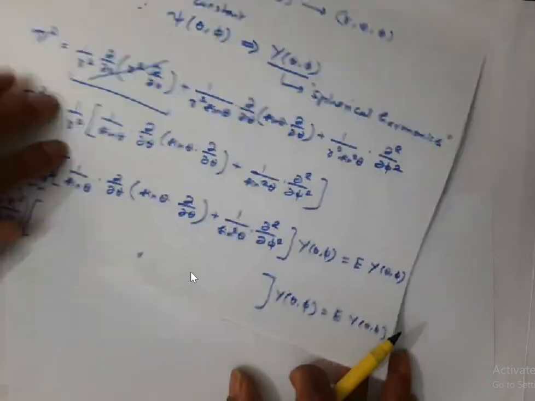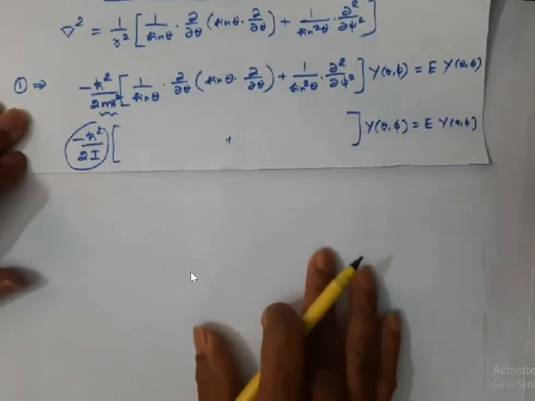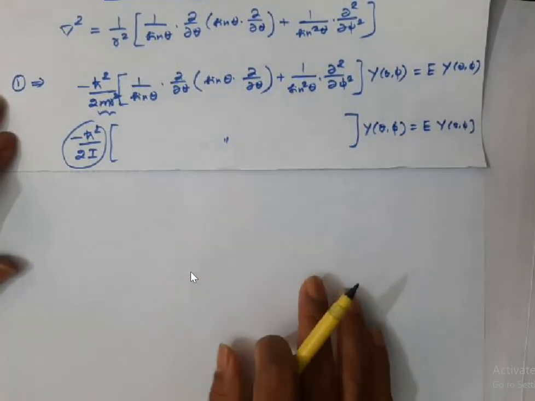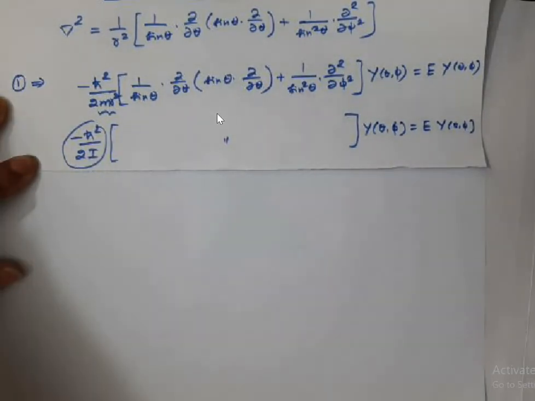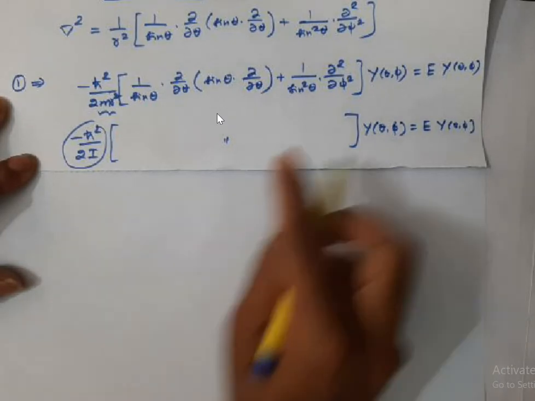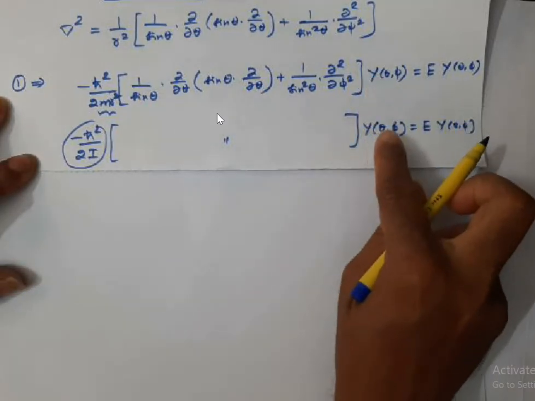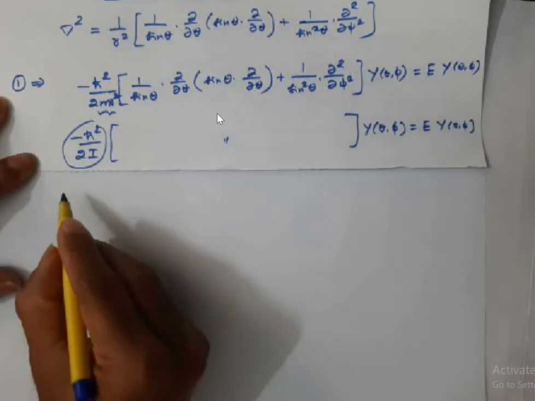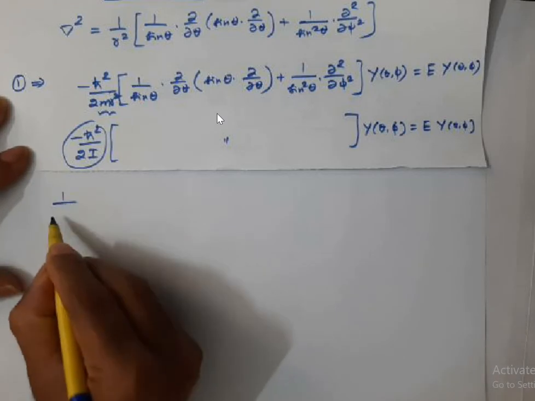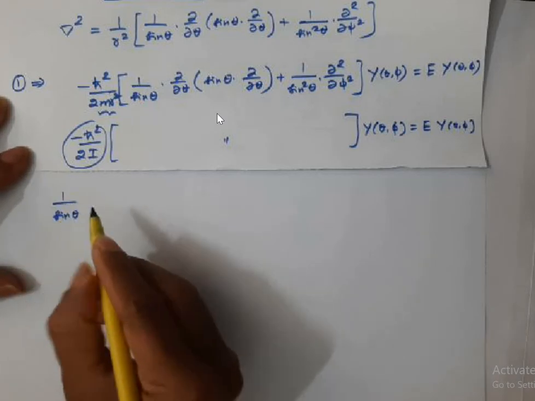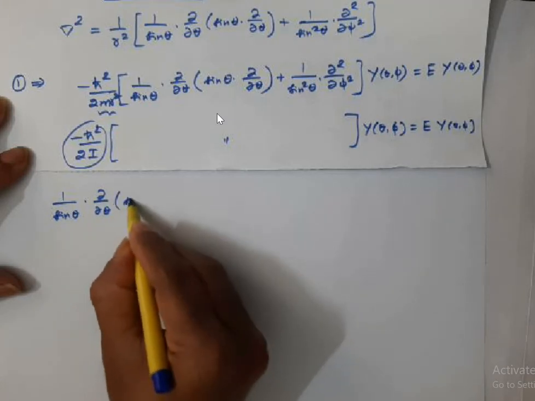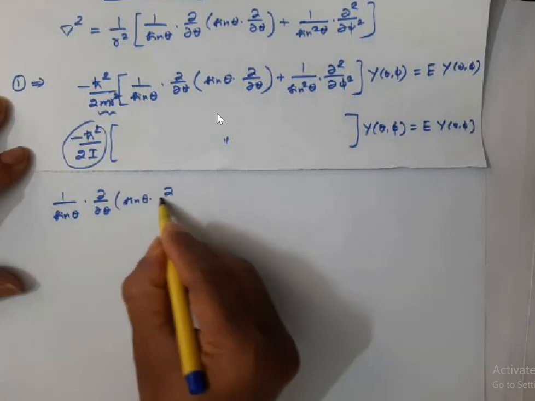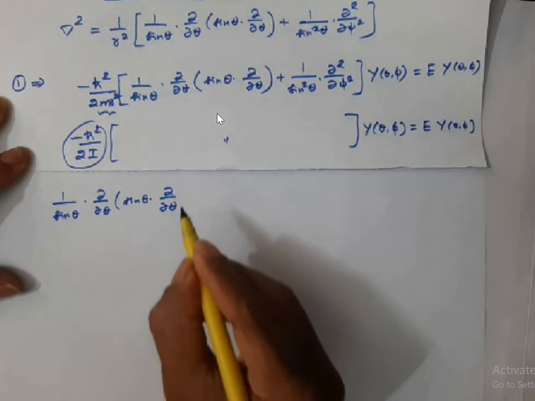See what I'm going to do, I'll bring this term to the right hand side. On the left hand side I'll do one more thing: 1 by sine theta into dou by dou theta into sine theta dou by dou theta.